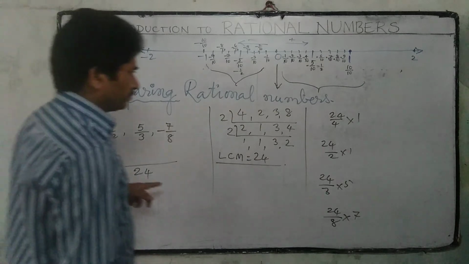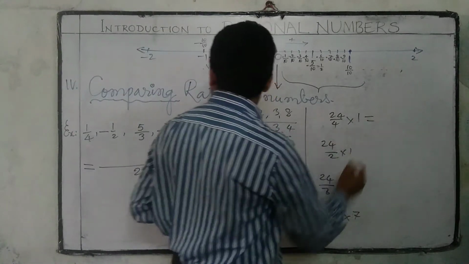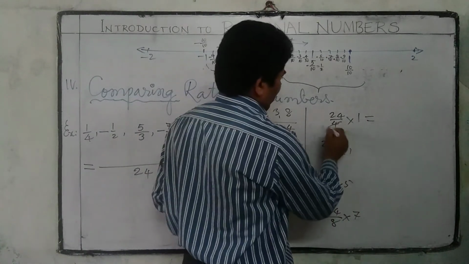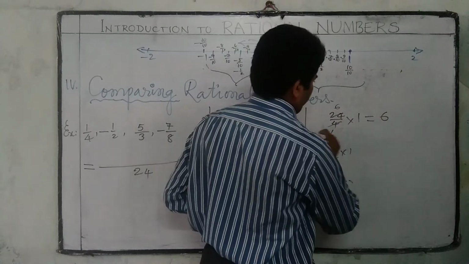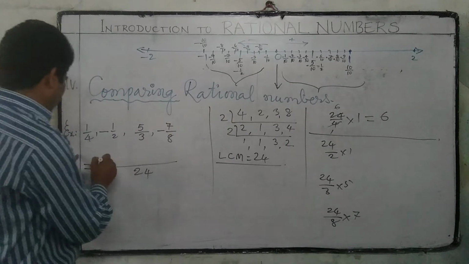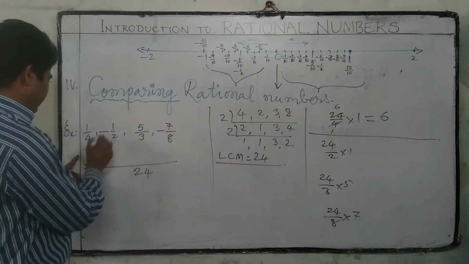Here 4 ones are 4, 6 ones are 6. So here we have to write this 6 down of this fraction only.